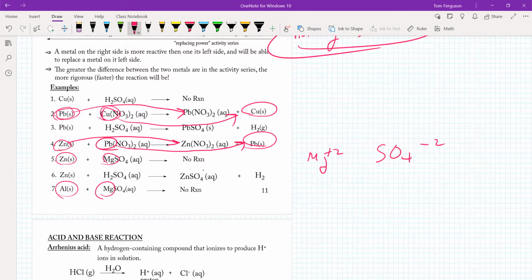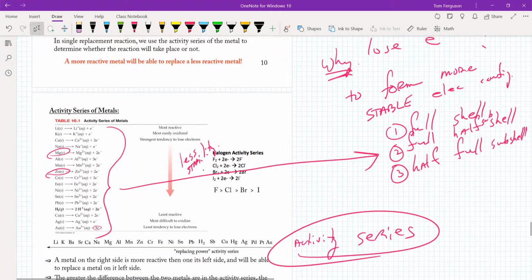Aluminum, magnesium. The magnesium is above the aluminum, so it wants to lose electrons more than the aluminum.